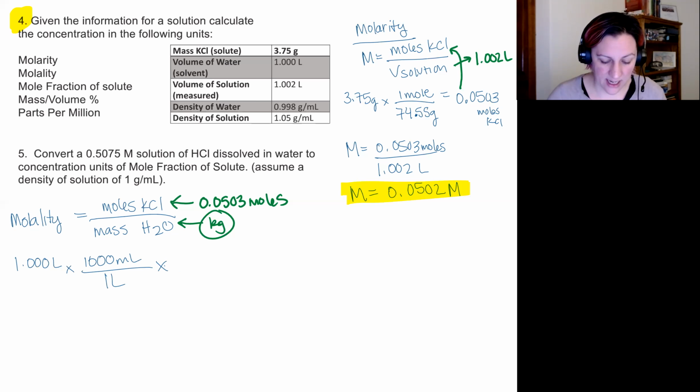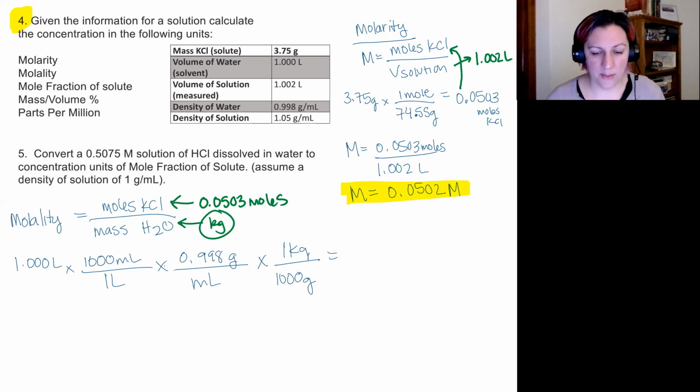So that'll be times 0.998 grams per milliliter. And then I'll convert this into kilograms. And doing so, I'm going to get a mass that is 0.998 kilograms of just water, right? So that's just my solvent.